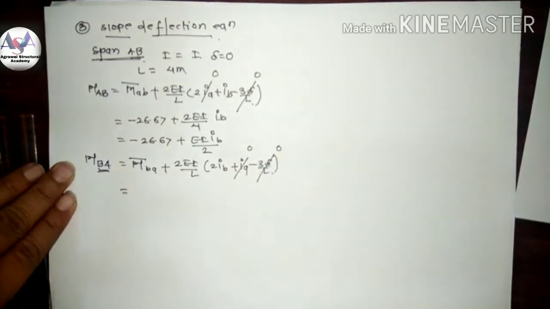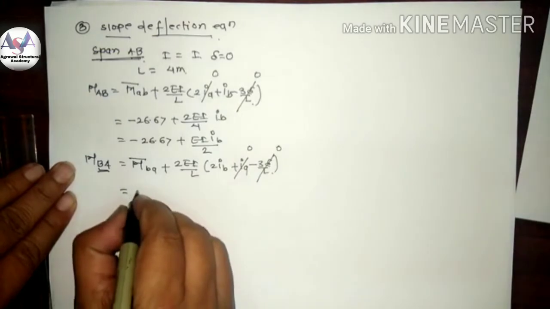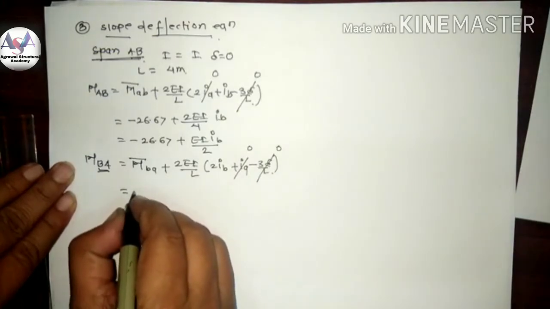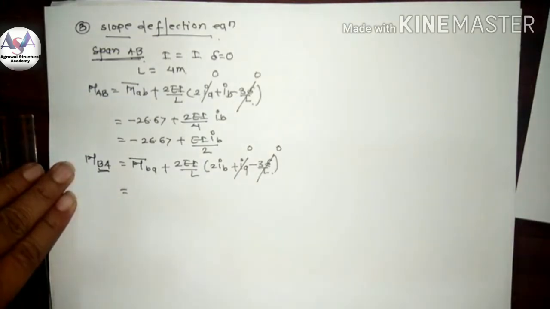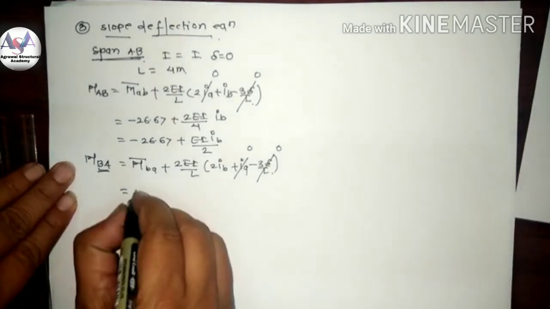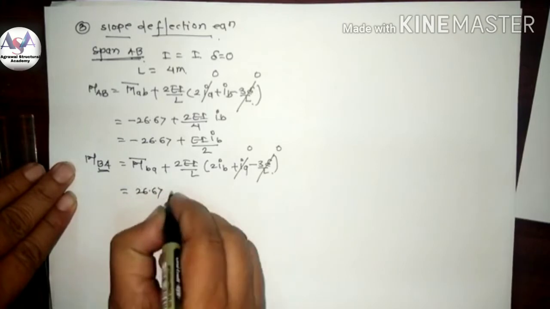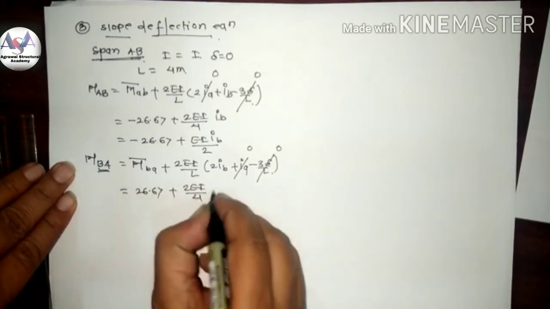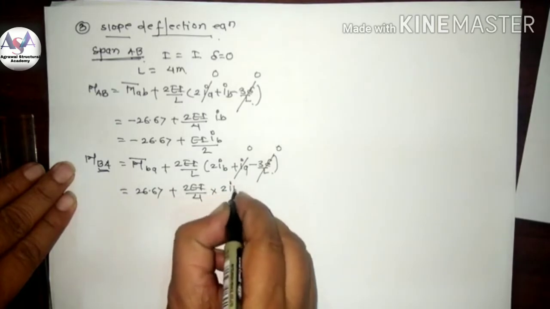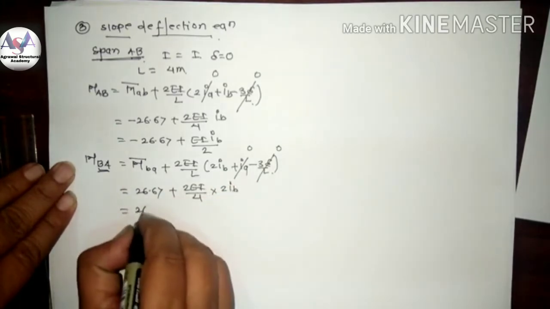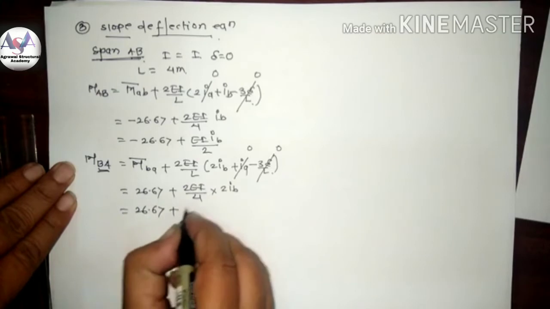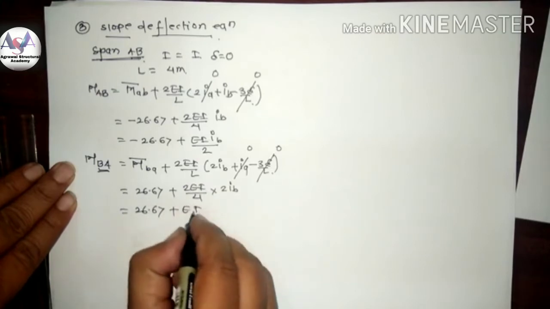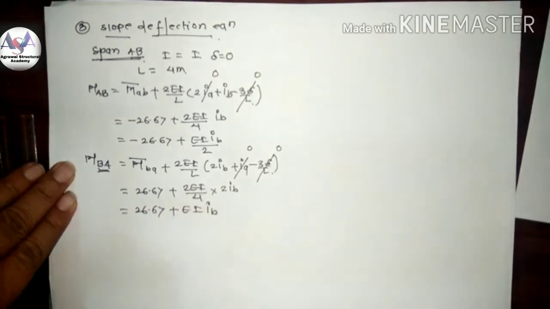So the calculated final value is plus 26.67 plus 2EI by 4 into twice theta B. So this becomes 26.67 plus EI theta B.